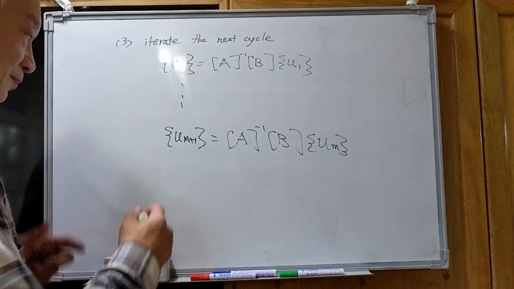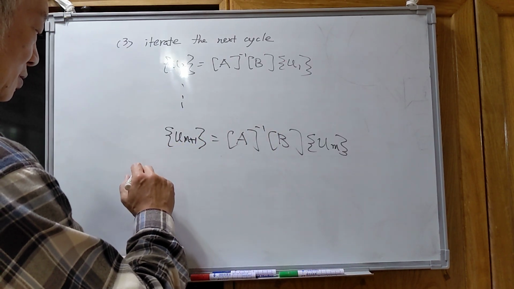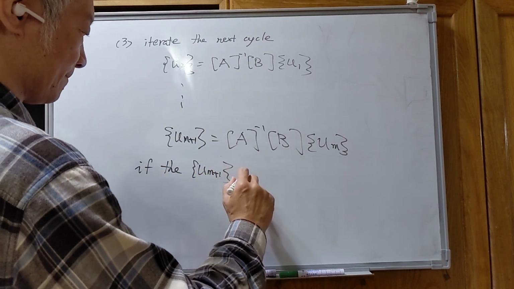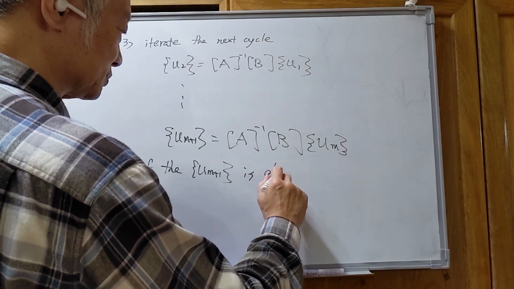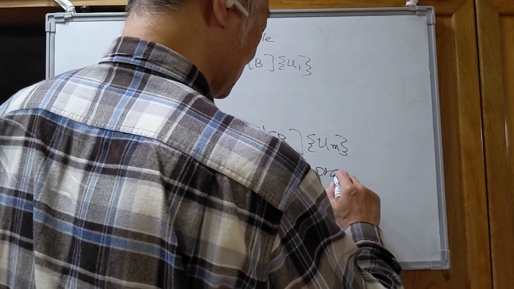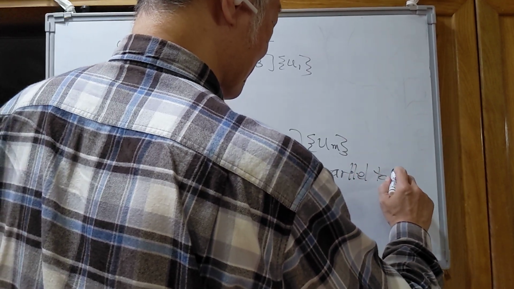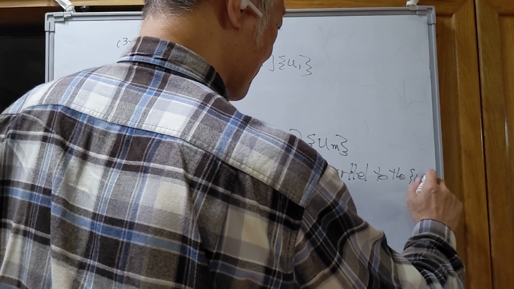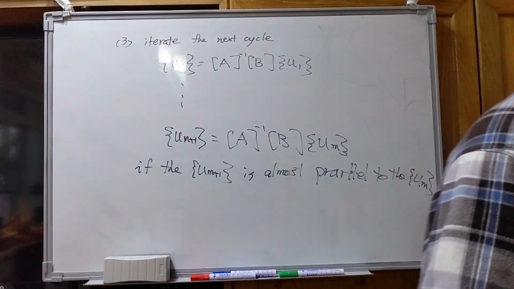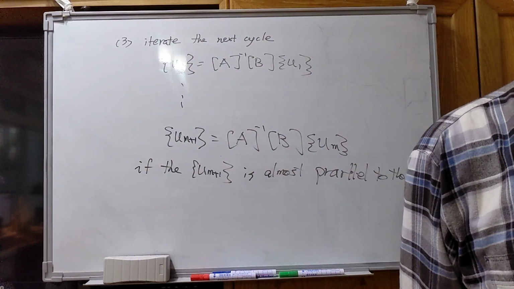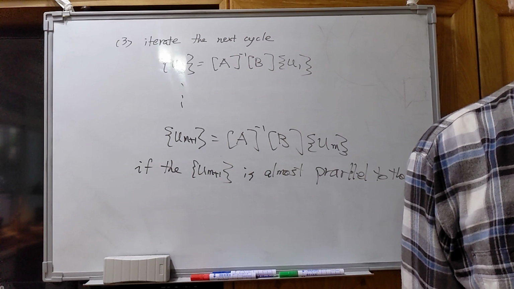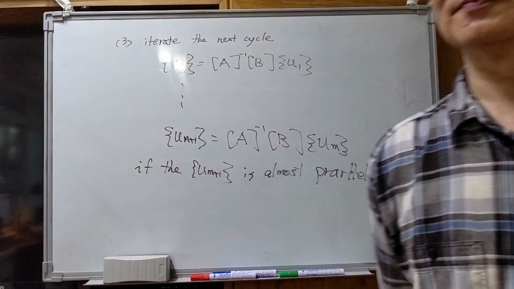The termination for the solution procedure, if the UM plus 1 is almost parallel to the UM vector, then it means that we can terminate the iterations.